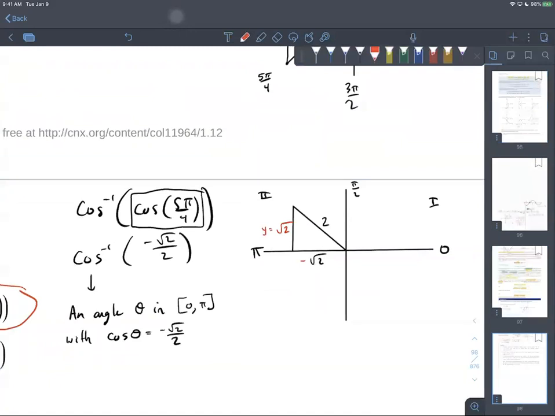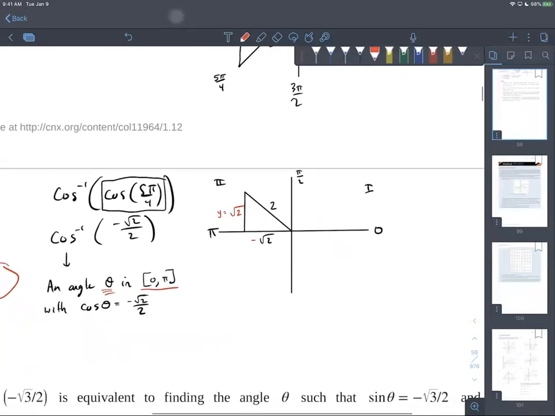So we want to know what angle theta from 0 to 180 degrees, if you want to talk about it in degrees, has a cosine of negative square root of 2 over 2. Well, this angle theta has a cosine of negative square root of 2 over 2.